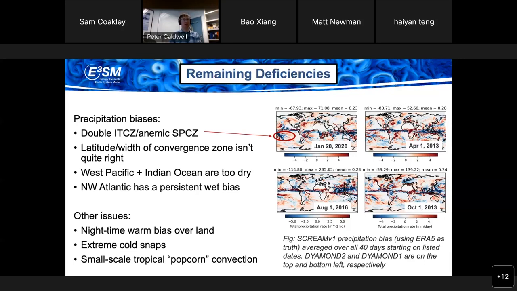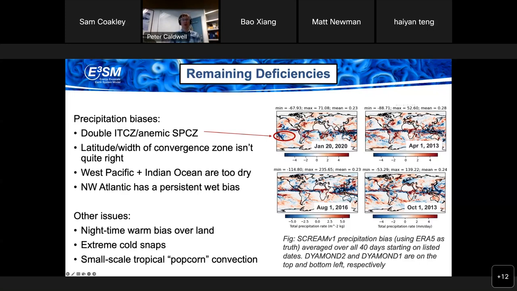One thing that I'm really fascinated by is that in this GSRM, and in all of the GSRMs I've looked at, we tend to still have a double ITCZ kind of a shape. So I'm showing in these graphics the precipitation bias averaged over each of the 4 40-day simulations for the 4 seasons that we ran most recently.